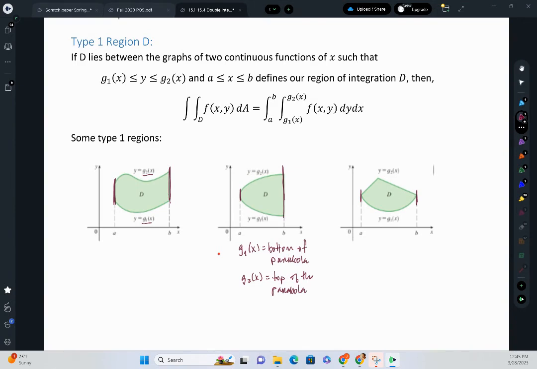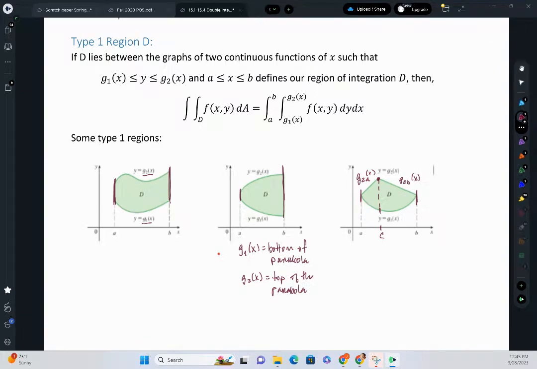My inclination, if I saw this region and was trying to set it up, would be to look at that point where there's a roof edge, draw a vertical line, and figure out what x value that corresponded to. I'm going to call it c for now. So in this particular case, there's a g2a of x, and then there's a g2b of x. They're like two roofs on this.